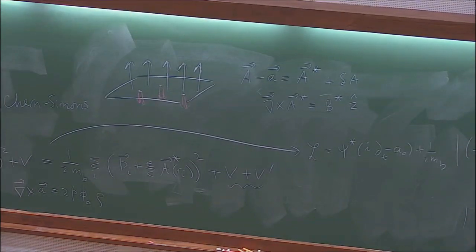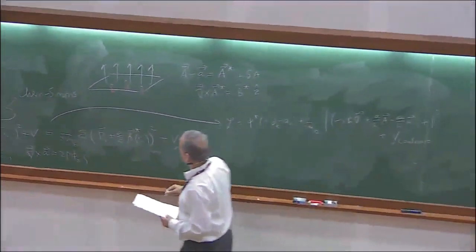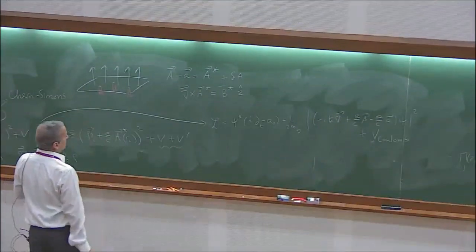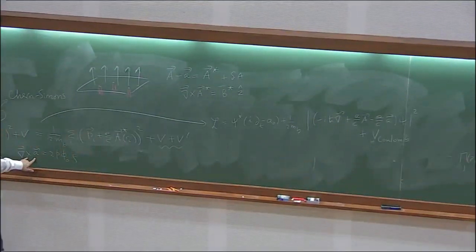And this constraint that del cross little a is essentially equal to the density is imposed by adding a term here.